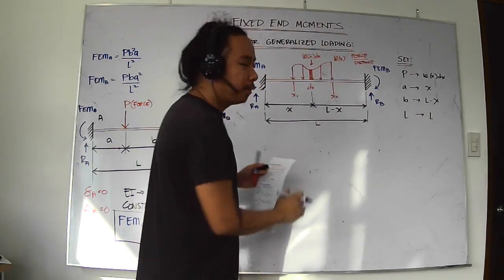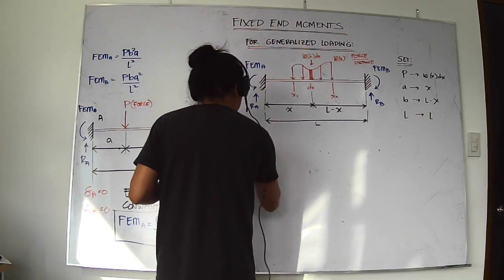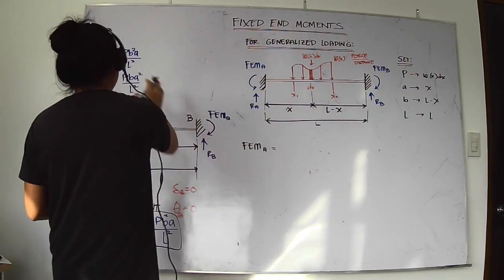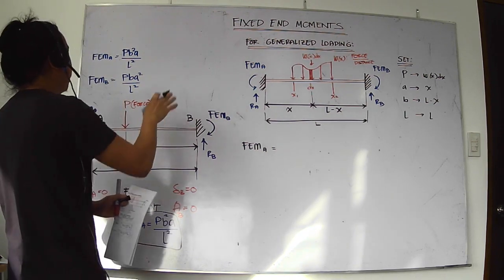Now, to solve for FEM-A, we use P times B squared times A over L squared.